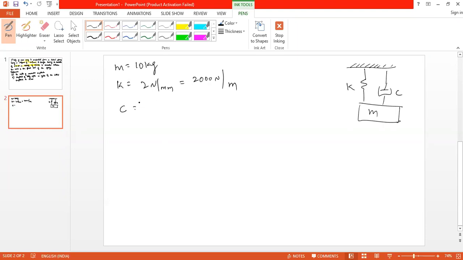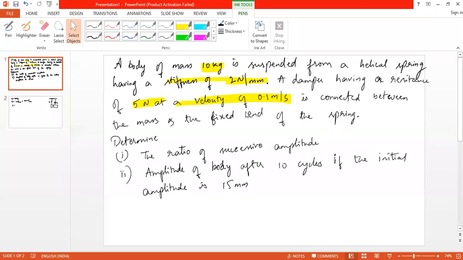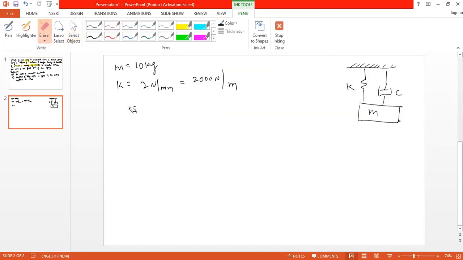If you look at the question, a damper having a resistance of 5 Newton at a velocity of 0.1 meter per second. Here it says that damping resistance, expressed in terms of force, that is Newton, is equal to C x dot.